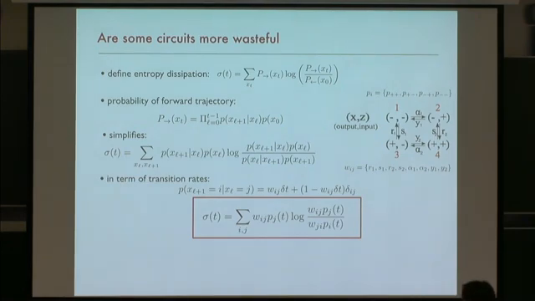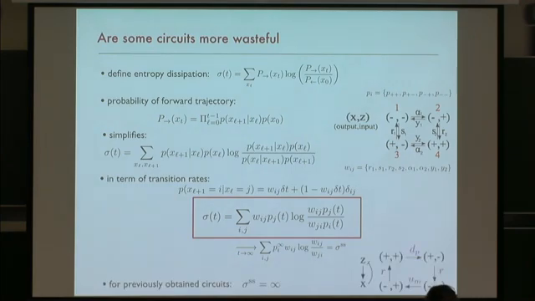I won't go through it, but you can basically, just from defining the dissipation for a given network as the probability of going along a cycle in one direction versus going in the opposite direction, reduce it to a more tractable formula in general, even when you're out of steady state, which in steady state reduces to a formula you're probably more familiar with.